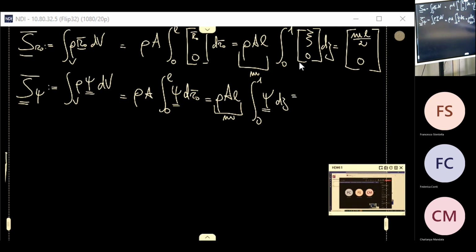And if you remember the expression of psi, which is a 2 times 3 matrix, this became, oops, m divided by 12 of 0, 6, 0, L, 0, minus L.